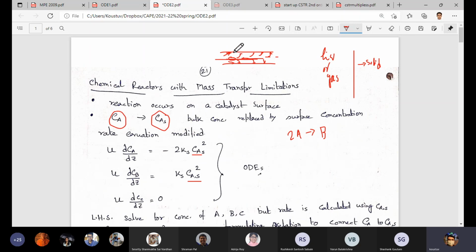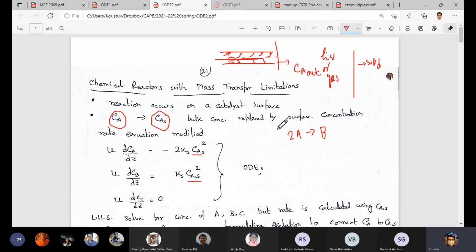They are not measurable quantities, but theoretically, in principle, these are the concentrations based on which we calculate the rate. And that's why Ca is changing along Z, and at the end of the reactor we get some final concentration.